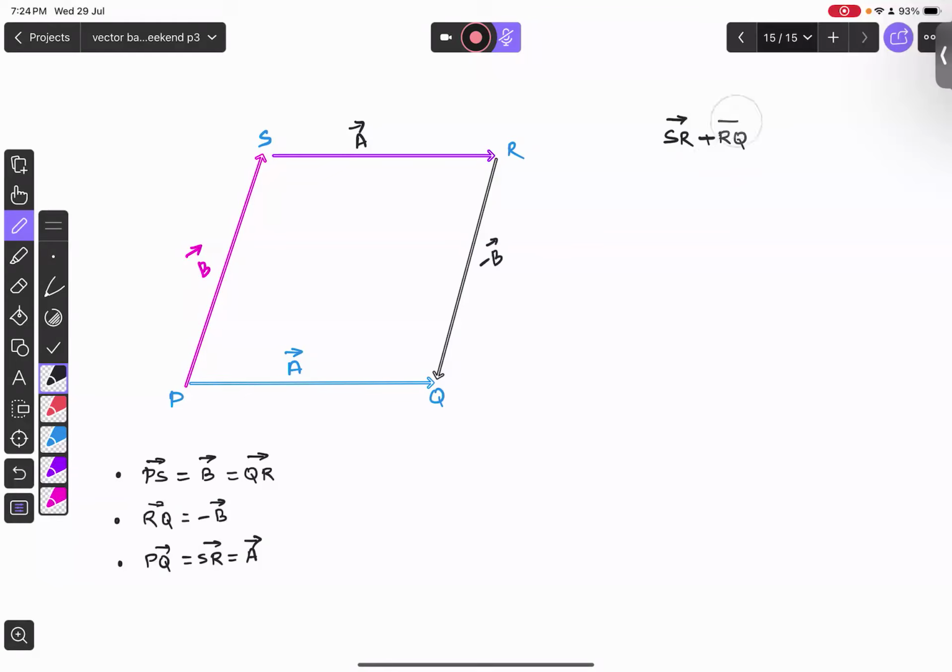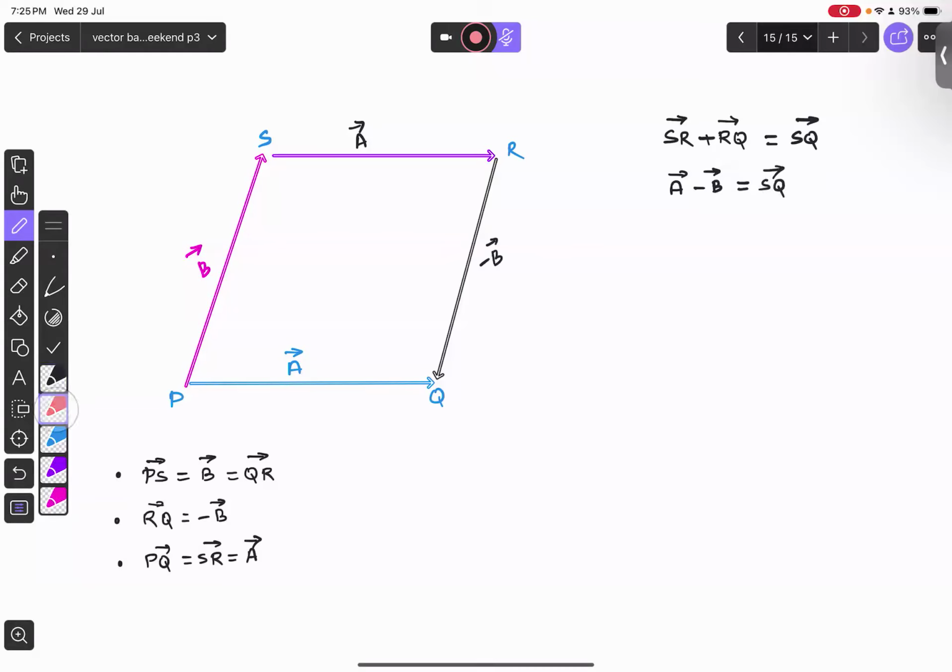And they are totally in the tail-head arrangement. So adding them, we are going to get SQ. SR is vector A and RQ is vector minus B. So it means A minus B is going to be given by the diagonal SQ.